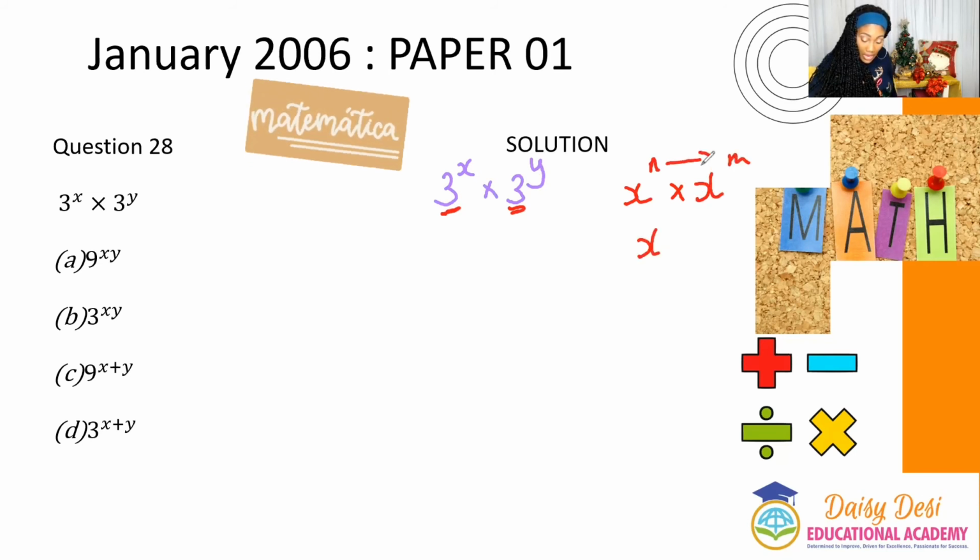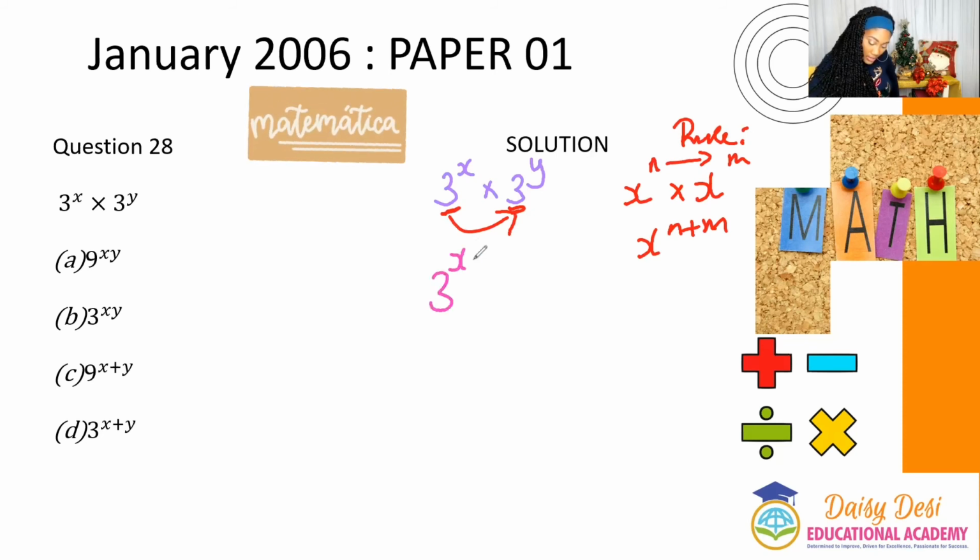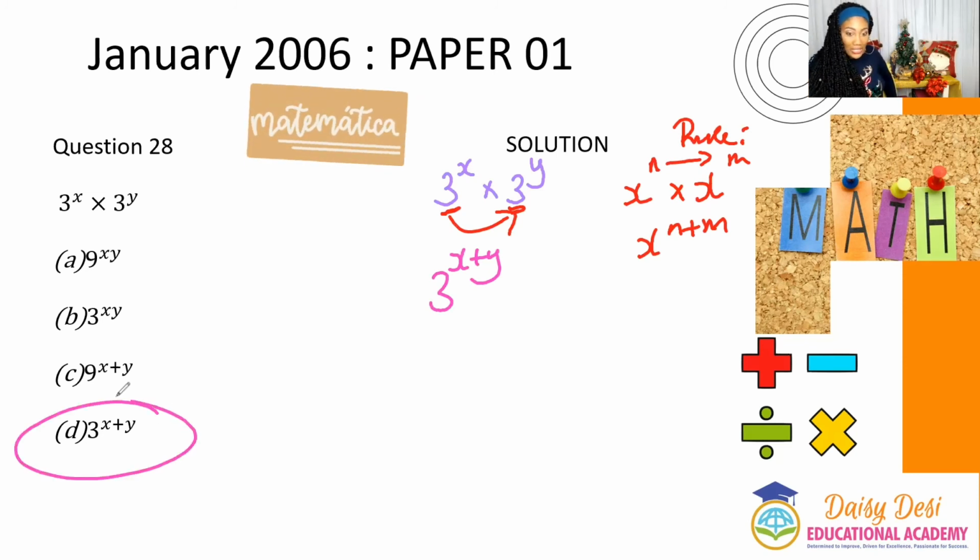So you add n plus m. This is the rule, so we are applying the rule to this question. 3 to the power of x multiplied by 3 to the power of y. The 3s mean they are of the same base. So that's 3 to the power of x plus y. Here it is.